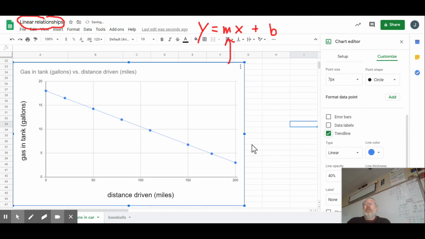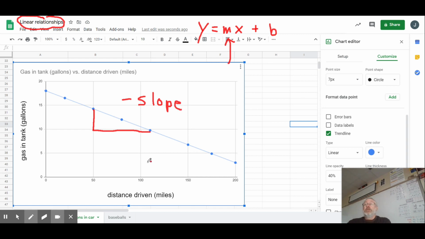And when I put this one in, I end up with what's called a negative linear relationship. Because in this case, if I do the rise over the run, the rise is actually decreasing, becoming negative, and going over this way would be the run. So this would be an example of a negative slope or a negative linear relationship.